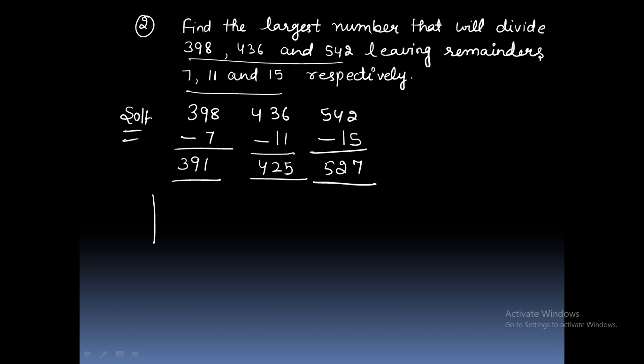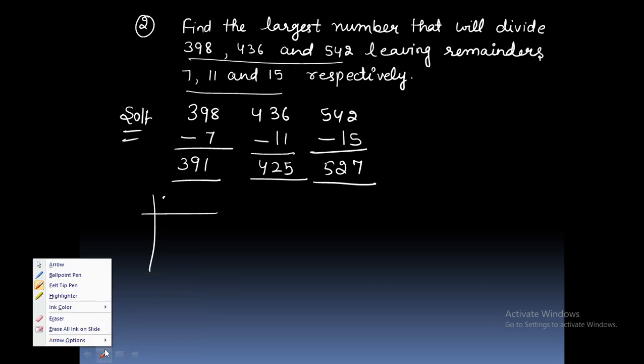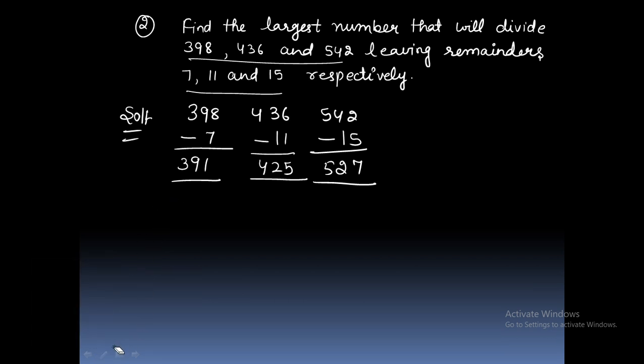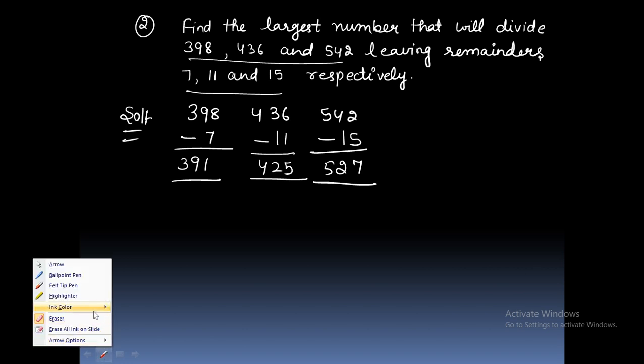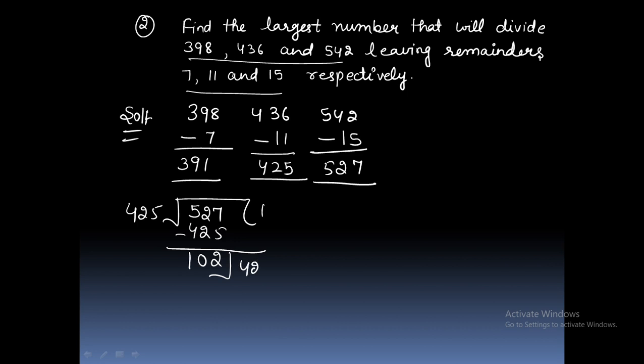Now you can find their HCF. I have taken here 527 and 425. 425 divided by 527 gives 1, 425 ones are 425, and the remainder is 102.